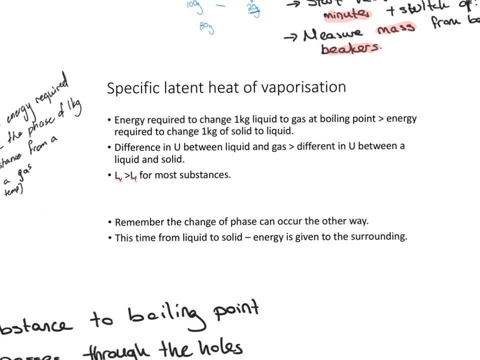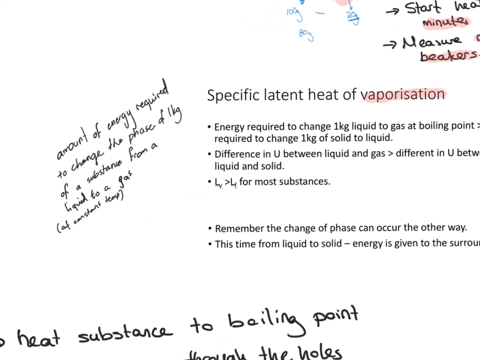Okay, so specific latent heat of vaporization. By the way, the specific latent heat has the same definition. It's just when you talk about fusion or vaporization, specifically you have to just state what phase goes to what phase. So here's the same definition.